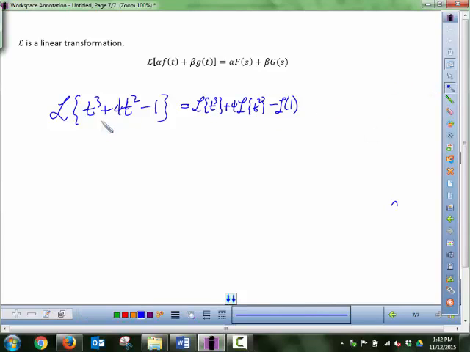So we don't know the Laplace transformation of this whole polynomial, but because we know each of those power functions, we know the Laplace transformation of these polynomials.